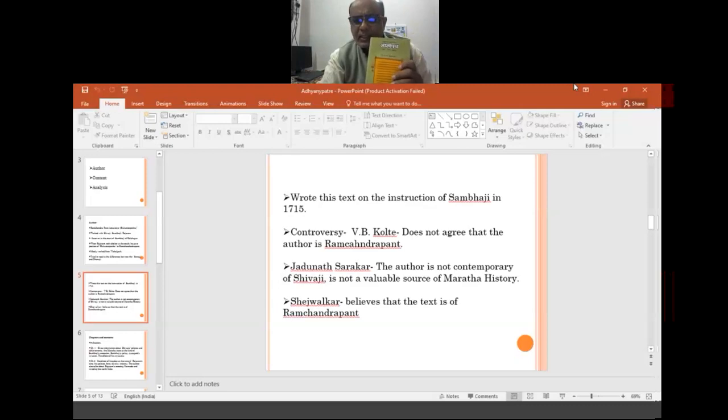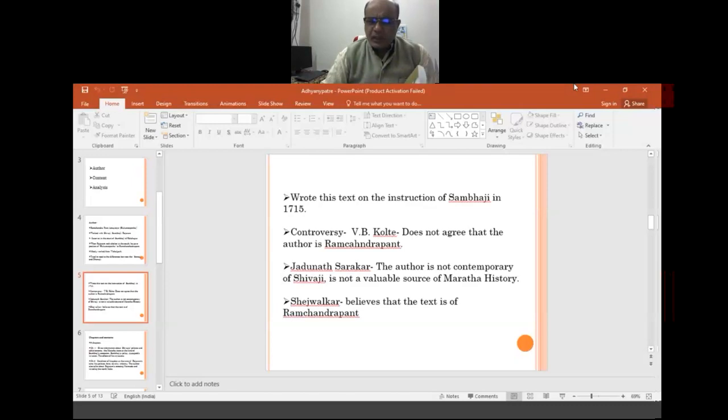That means his intention was to know how Chhatrapati Shivaji used to run his administration. So depending on his experience, Ramchandra Pant Amatya is believed to have written this Adnyapatra, which is like instructions, orders given by Shivaji. But there is a bit of controversy.